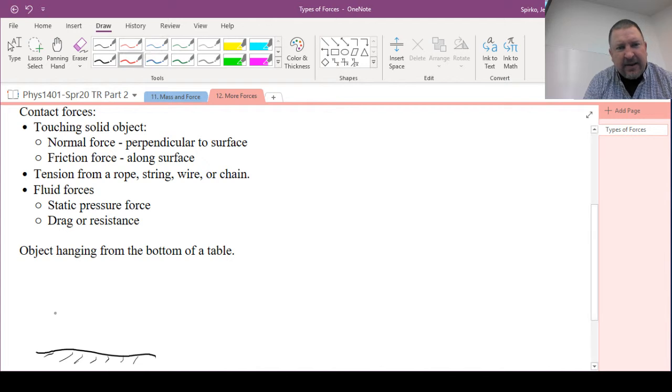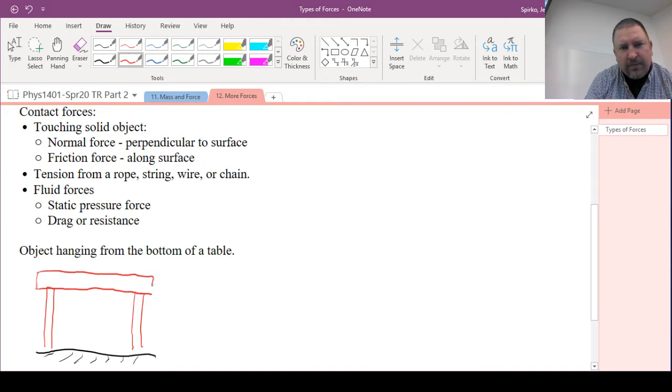And here's my table. There's a leg and a leg and a surface of the table. And then here's my object hanging from the structure.